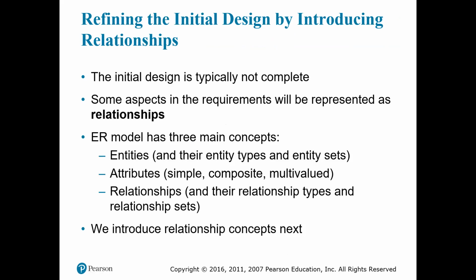There are three main concepts of the ER model: to get the actual entities down, the nouns, and what they are, and then the attributes of those entities. But you also need the relationships and their relationship sets. So that's the next part.